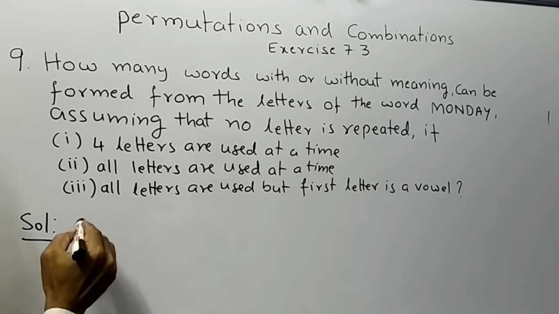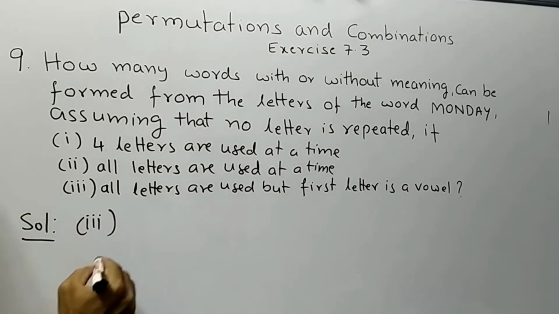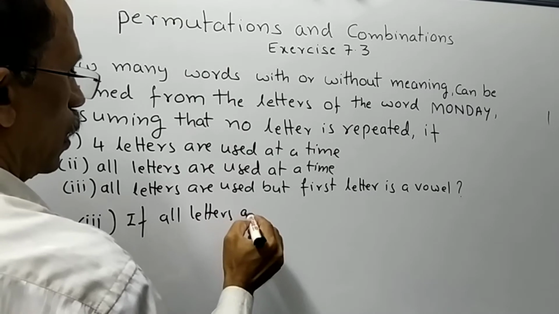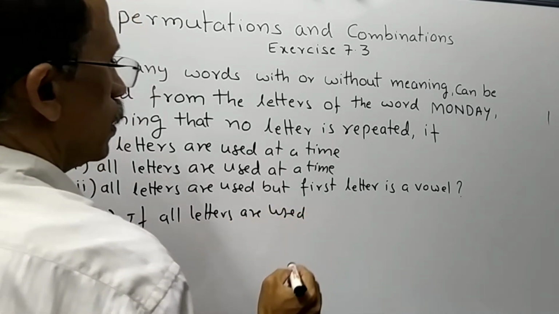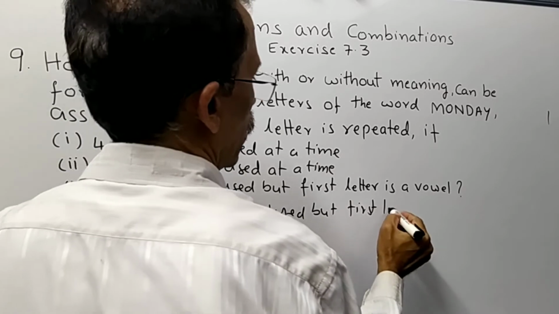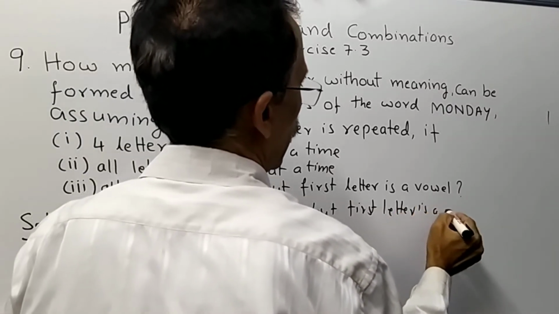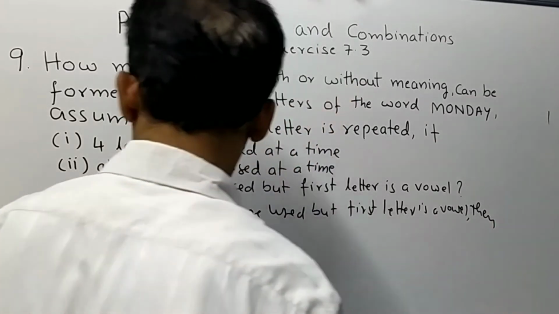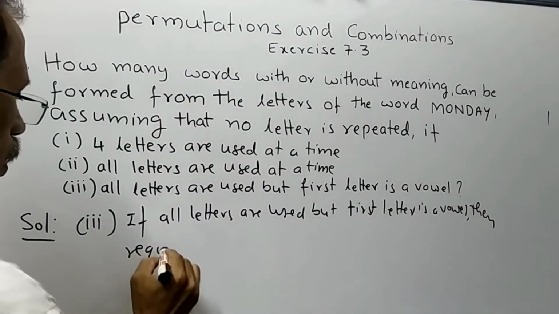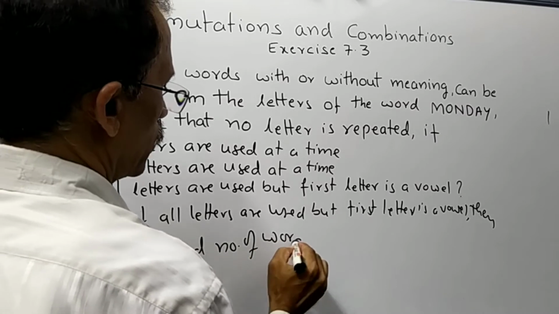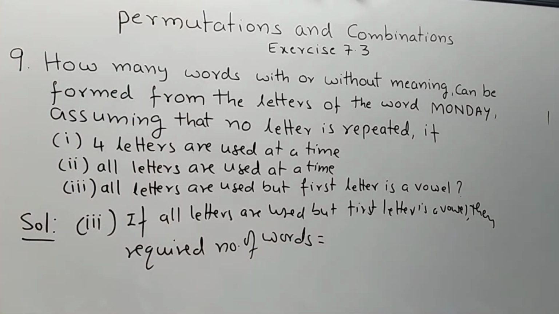Third one is, if all letters are used but first letter is a vowel, then required number of words is equal to... So how many vowels are there? 2 vowels are there.